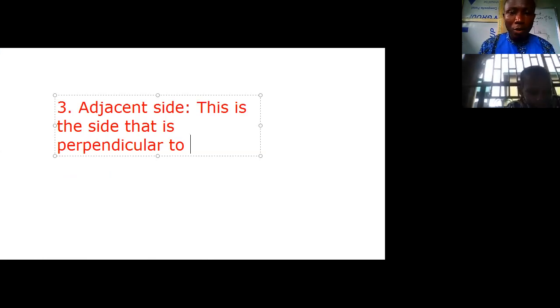And the angle between those two lines is equal to 0. But when it's perpendicular, it means the angle between those two lines is 90. I will show you perpendicular now. Adjacent side: this is the side that is perpendicular to the opposite side.